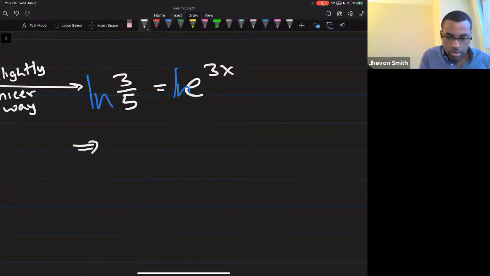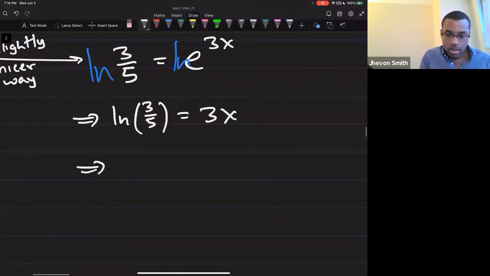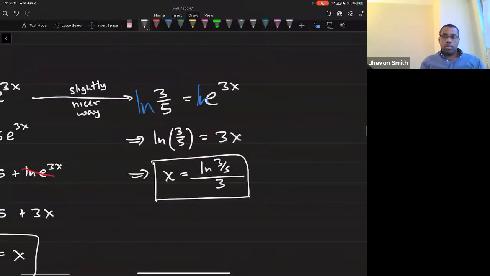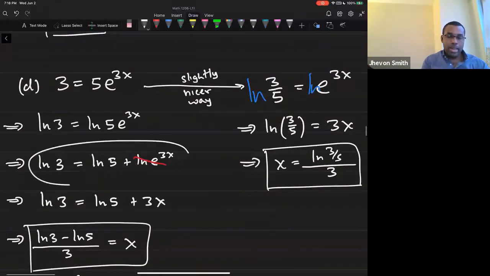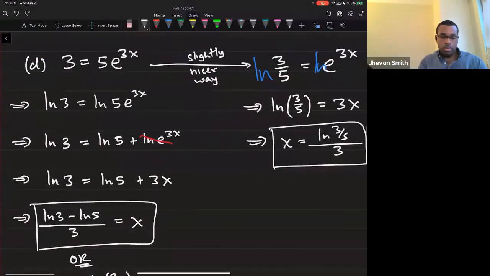So that would give you ln of 3/5. And then that would cancel right away to get 3x. And then your x is ln of 3/5 all over 3. Right? Just so you wouldn't have to expand stuff and get a little bit crazy. So it is correct, it's not wrong, but it's kind of risky from a student perspective.